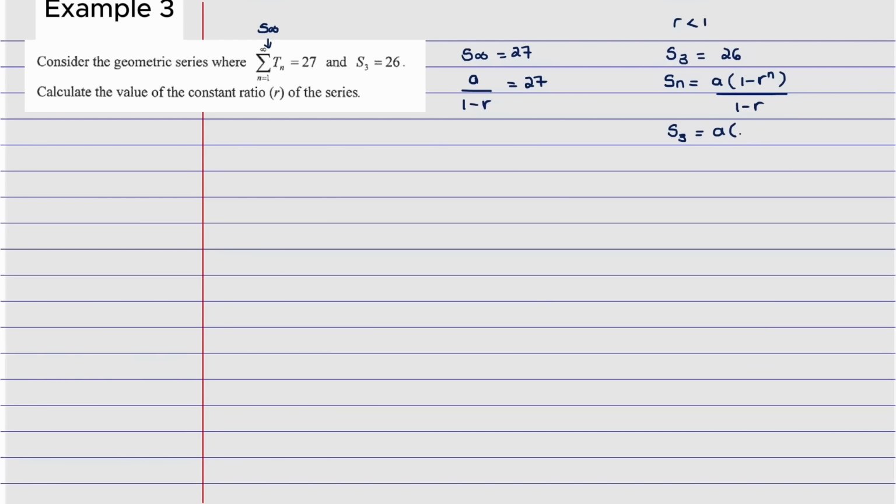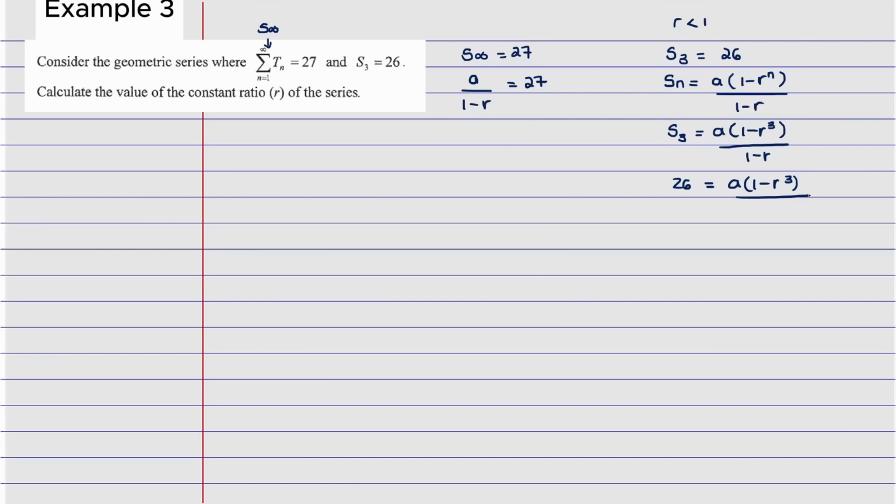So it's going to be a, open bracket 1 minus r to the power 3, divided by 1 minus r. Do you see that the minute I substitute this 26, this formula is in terms of a and r?